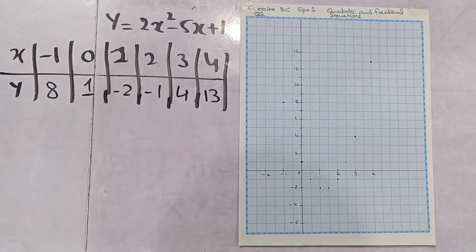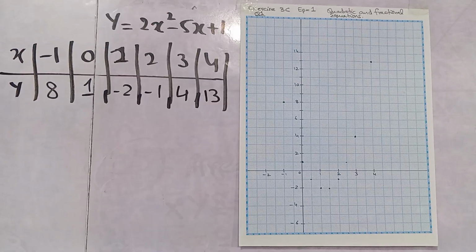Because of the symmetry, I'm able to plot these points. You can actually put these points and then plot these. So I have to take another point, which is 1.25. So 2 multiplied by 1.25 squared, minus 5 multiplied by 1.25, plus 1.